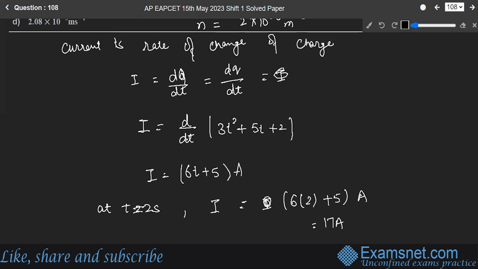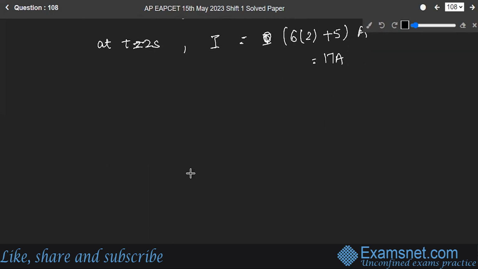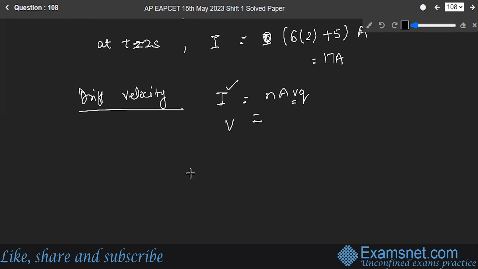Now the drift velocity is given by the formula I is equal to nAvq. Here, I is your current and n is the number of electrons per unit volume. Let's fill in that. We have to find out this v. First of all, v will be equal to I upon nAq. I we just calculated, that is equal to 17. n is 2 into 10 power 25.